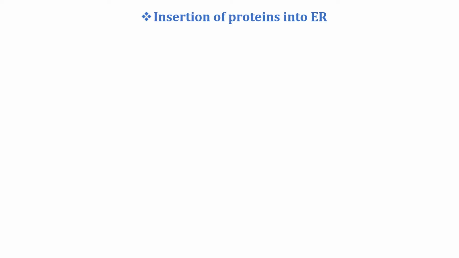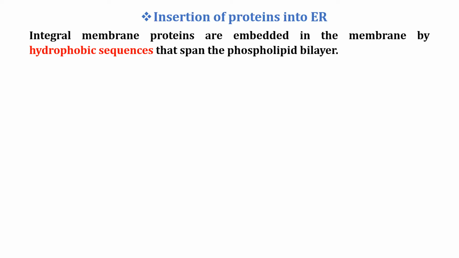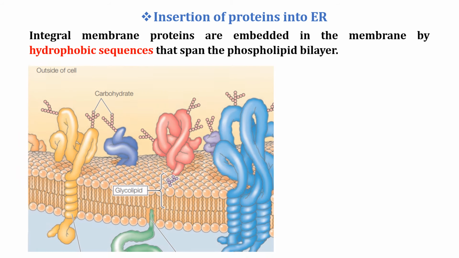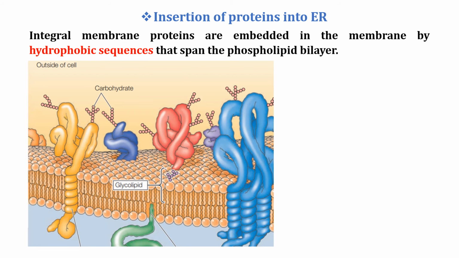So now the insertion of protein into the ER. Integral proteins are embedded in the membrane by hydrophobic sequences. They span the phospholipid bilayer. So what are the hydrophobic sequences? The hydrophobic sequence consists of various types of nonpolar amino acids, mainly nine amino acids which have hydrophobic side chains.